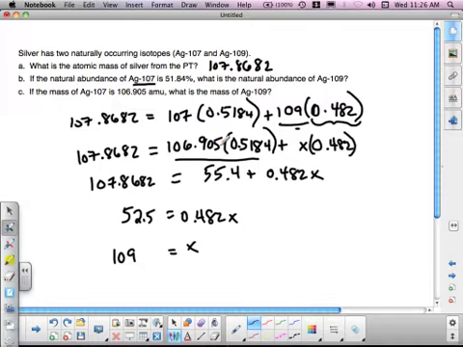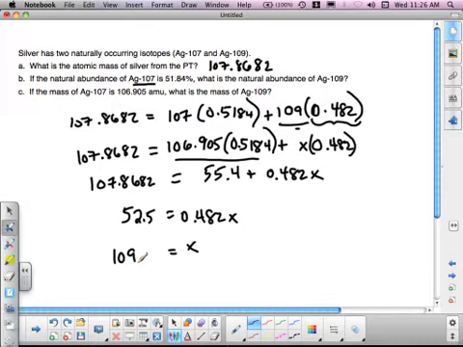Well, anyway, I get 109 because my calculator is chopping it off. I've just found how to fix it.